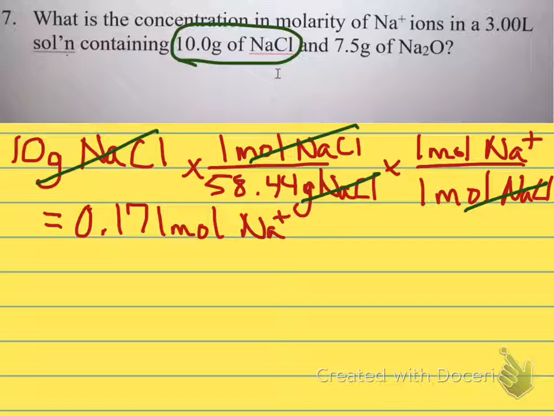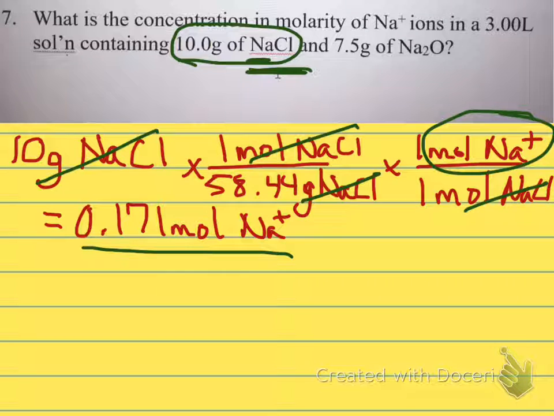So notice, for every 1 mole of sodium ion, we have 1 mole of sodium chloride. If we had 2 moles of sodium ions, then we would have 2 moles of sodium chloride. And after doing all that math, I end up with 0.171 moles of sodium ions.